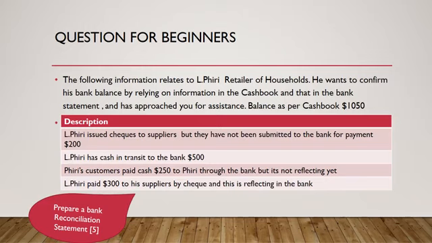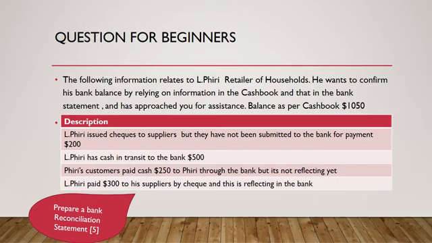So I'll just explain a few terms here, maybe I'll explain the second statement, which says LPD has cash in transit to the bank $500. So cash in transit is a form of an uncredited lodgement. So this is an uncredited deposit or lodgement.